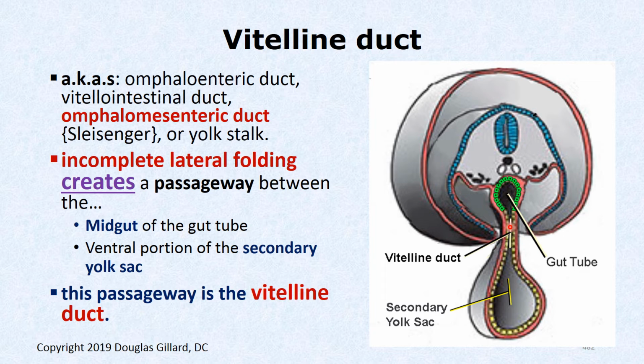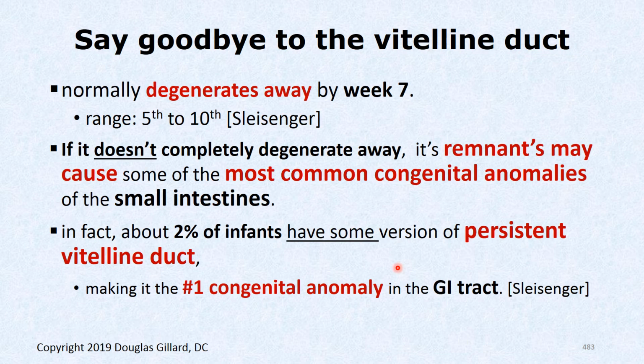But we're going to develop a circulatory system. As a matter of fact, that starts in week 3, and that'll probably be the next video. So that's already well underway in feeding this tissue. So we don't have yolk here, so it's kind of a remnant. Right? So say goodbye to the vitelline duct.